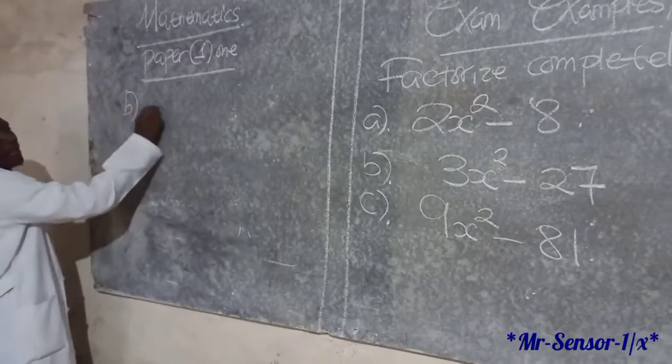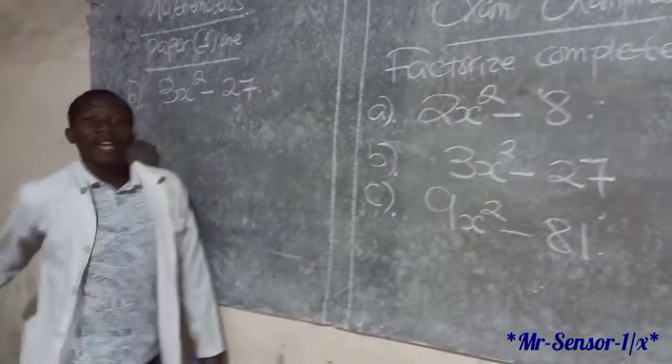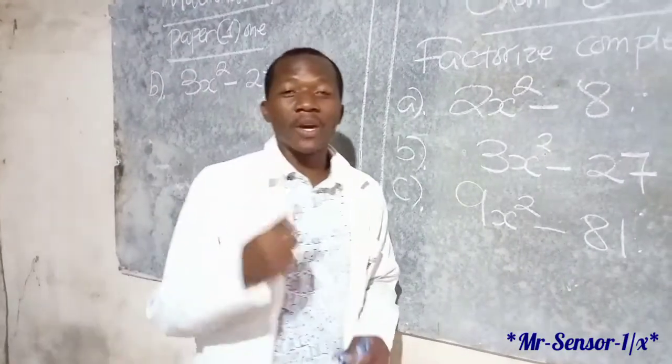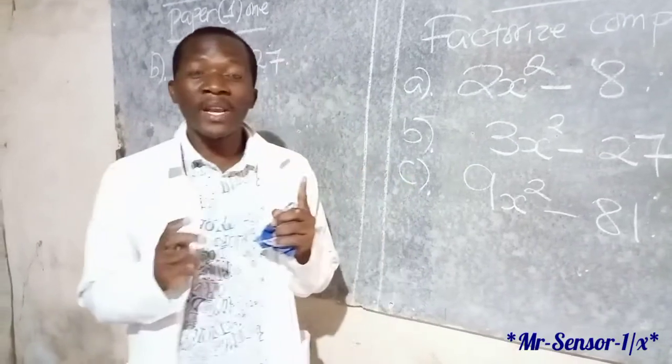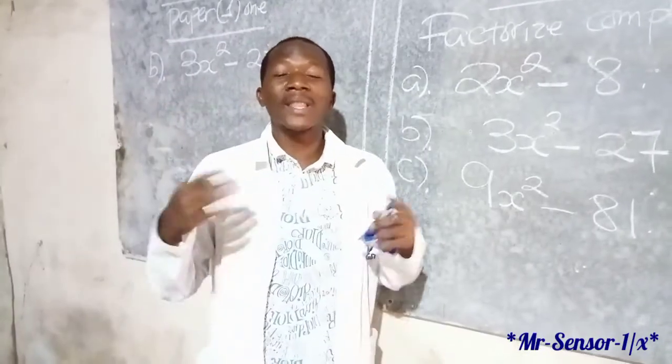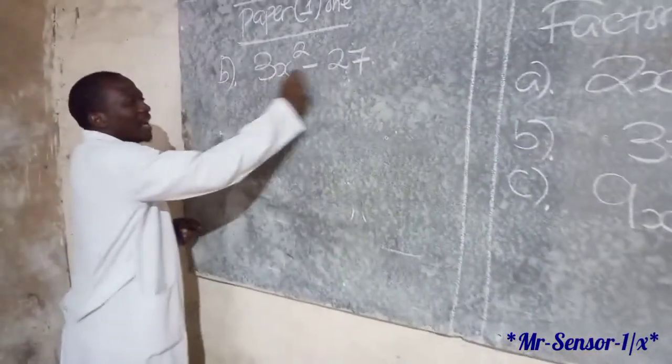B is saying 3x squared minus 27. I hope you're following and you understood that in order to factorize, you have to consider what is common throughout the expression or what has been given as terms. So in this case, we're going to consider this 3 and this 27.